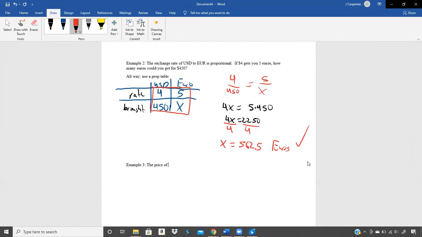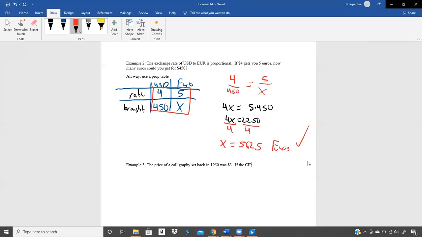the price of a, what do I want to do? Calligraphy set. The price of a calligraphy set back in 1950 was $3.